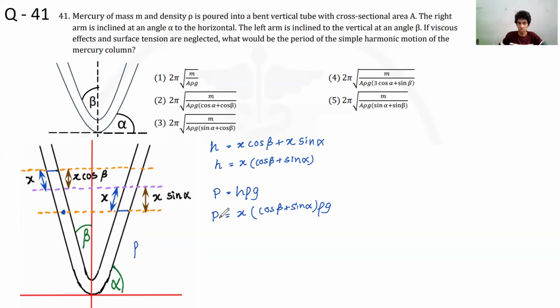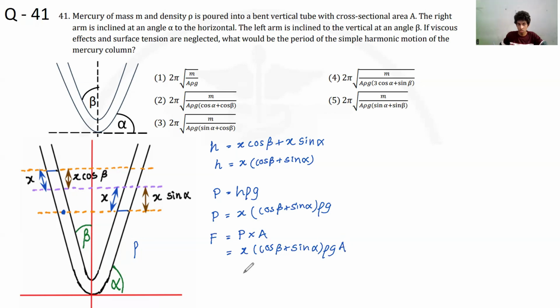Due to this excess pressure, a force will act on the liquid column. Let's take that force as F. That will be equal to the excess pressure into the cross-sectional area. Therefore, the force will be x (cos beta plus sine alpha) rho g into A.